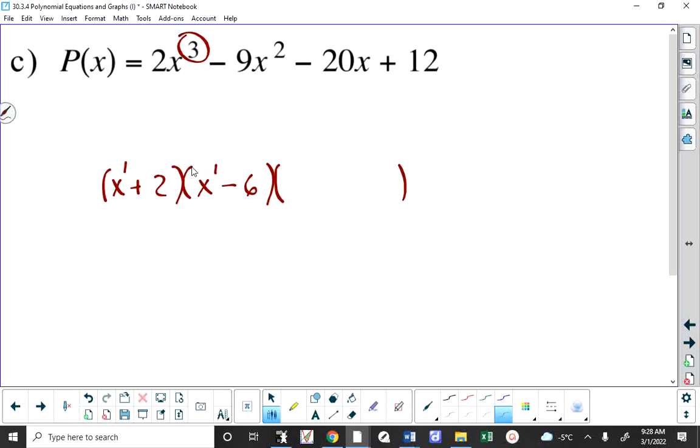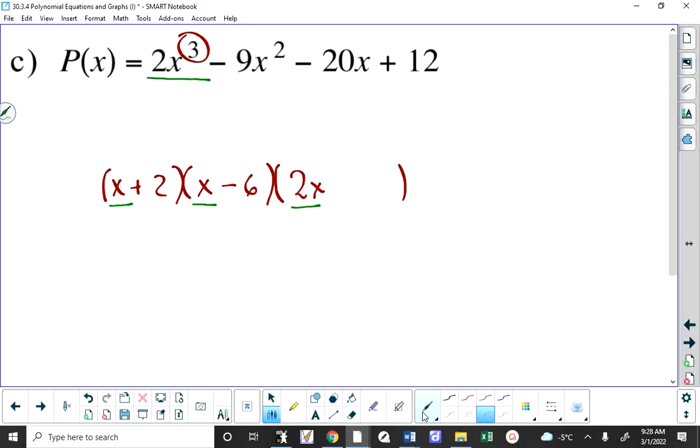And the third factor must contain a 2x, because I have to multiply these 3 linear factors together to get the polynomial. And going back to the first day of this unit, when you multiply the highest degree term from each factor, you have to get the highest degree term of the polynomial. So if we already have x times x and we want to get 2x cubed, it has to be another 2x. Does that make sense?